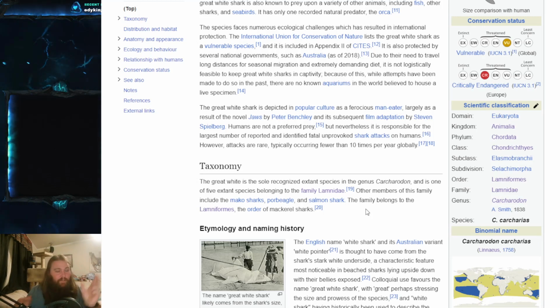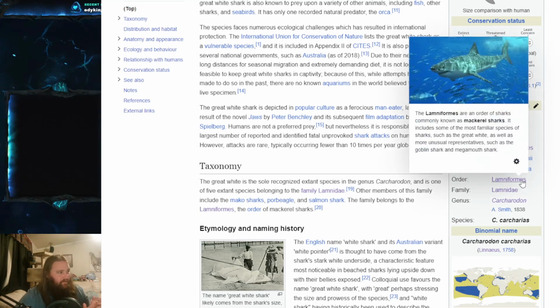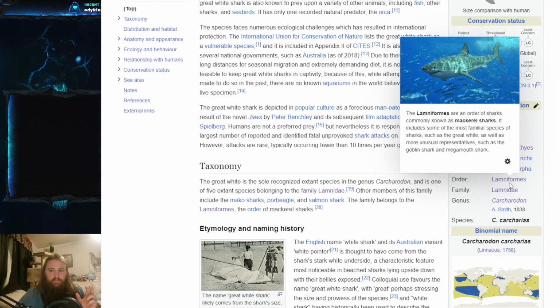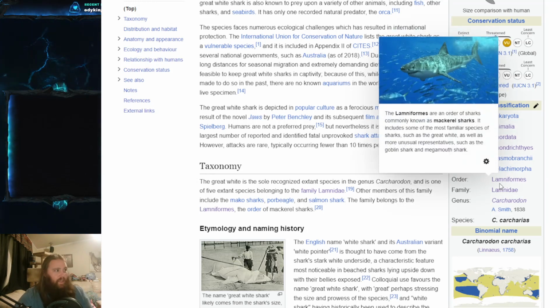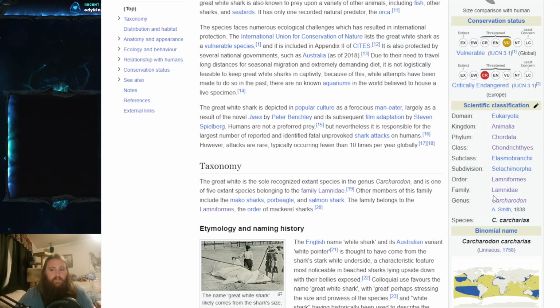But anyway, so Lamniformes, all the other orders of fish are going to have formes at the end of the name. And that allows, if you're talking with an actual taxonomist, if you say the order name of a fish to a scientist, they may not know that order, but they're going to hear that formes and they're going to be like, okay, it's an order of fish, so we're probably talking about a more basic classification.